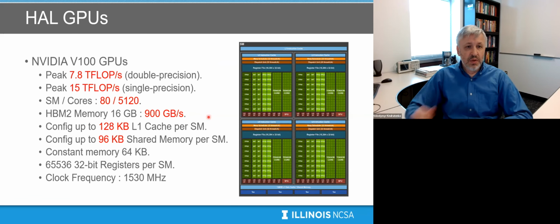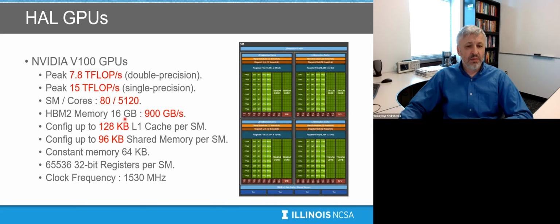And the GPUs, again, as I mentioned, at the time when we purchased these components for the system, these were state-of-the-art GPUs. Each has 15 teraflops in single precision peak performance, and single precision is what's important for machine learning applications. So this is the main computational power that is used for training machine learning models.